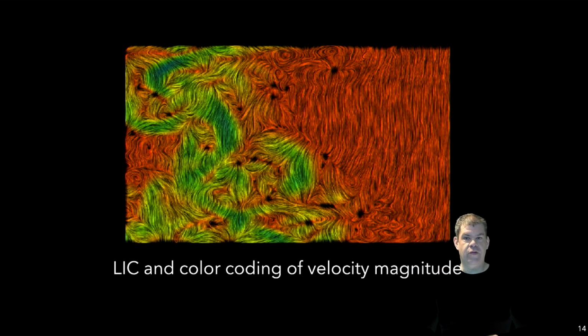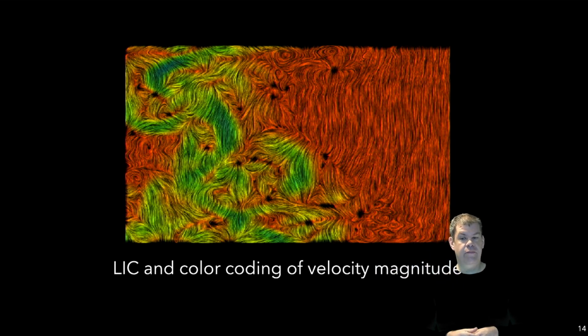But it gives you an overview. It tells you, oh, here's a fast region, here's a slow region, kind of those things. And that's really what lick is about. It's an overview technique, right? So you use it to get a quick overview, and then you would look for parts of the flow that behave in a certain way. Maybe you're looking for vortices, maybe you're looking for laminar regions, maybe you're looking for regions with high velocity, or regions where the velocity changes significantly.